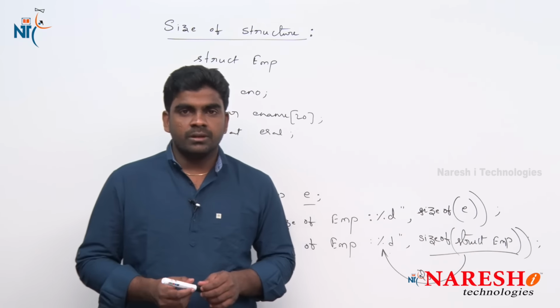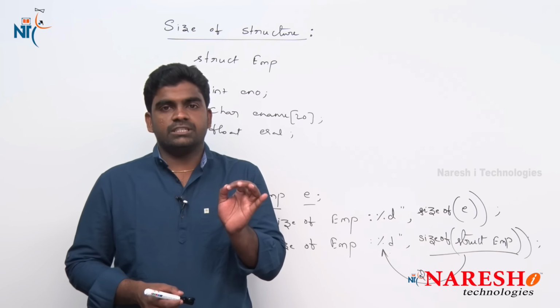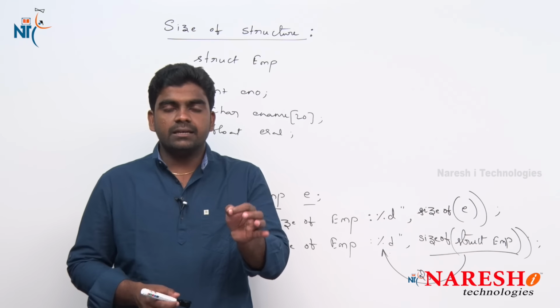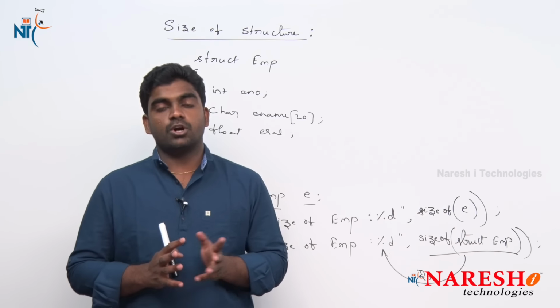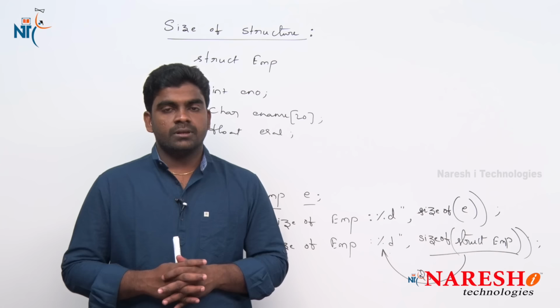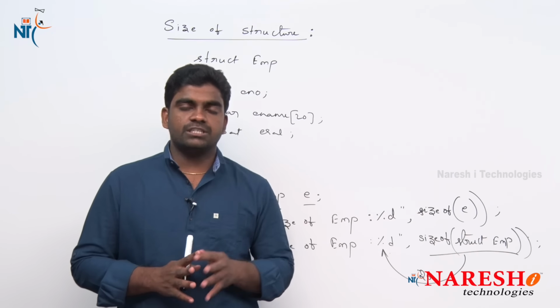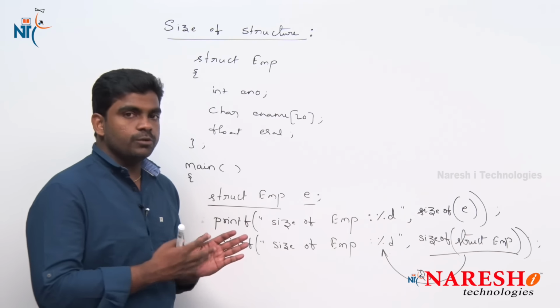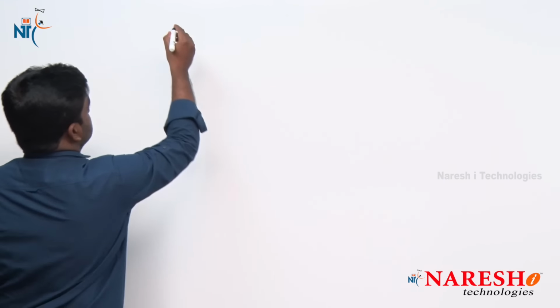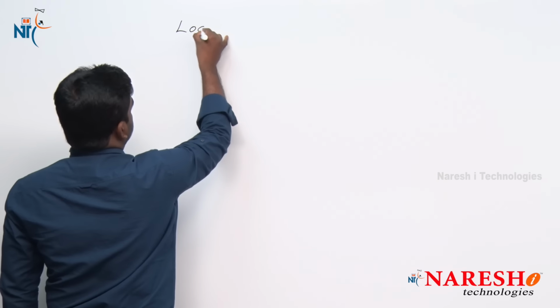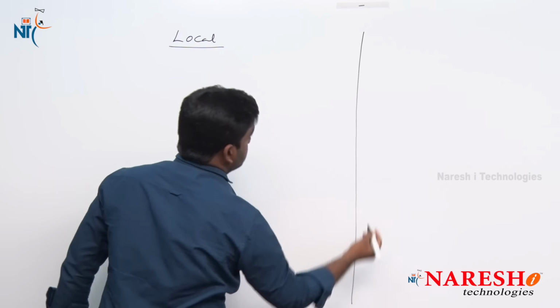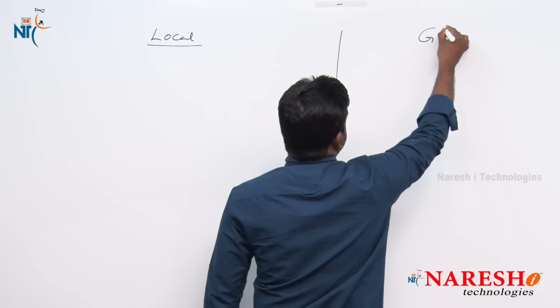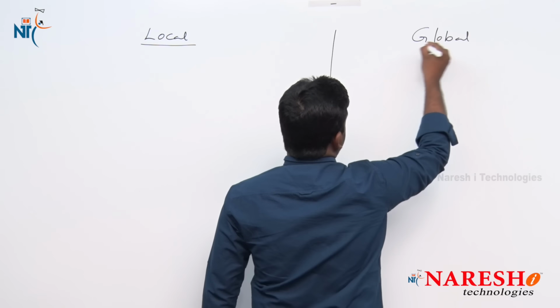The declaration of a structure inside a particular function is called a local structure. Outside all the functions is called a global structure, right? So parallelly we will see, you will get more clarity on this. Here this is a local structure and this is a global structure.